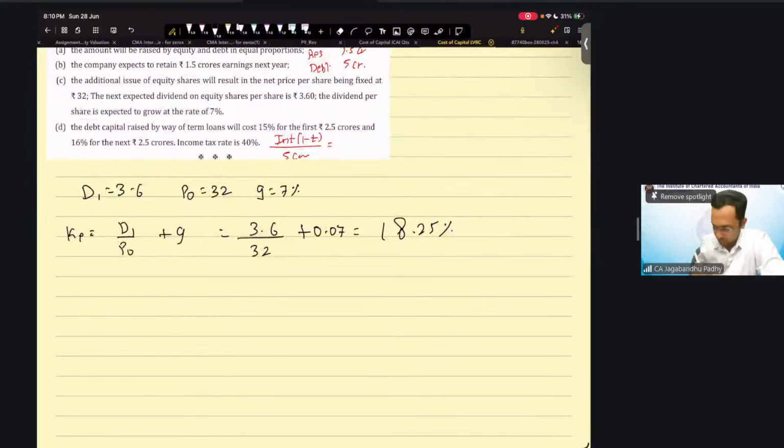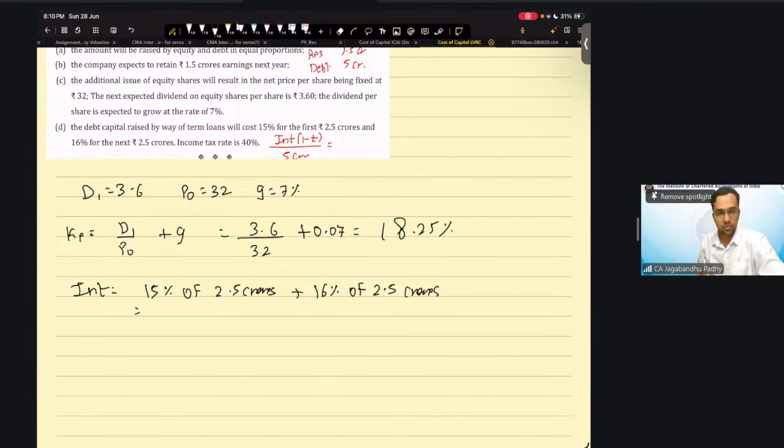Now, cost of debt. For cost of debt, we need to first get the value of interest. Interest will be 15% of 2.5 crores plus 16% of 2.5 crores. So interest is 2.5 crores into 15%, 0.375 plus 2.5 into 16%, 0.4.